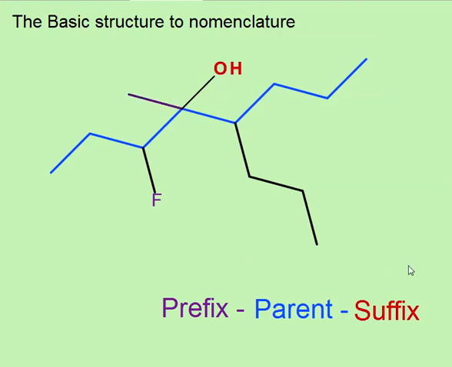The methyl group, which is branched off the next carbon, and then the propyl group, 1, 2, 3 carbons long, based on the next carbon again. And then we've got to locate these prefixes. The locant, which is numbering the main chain to tell us which carbon in the chain these branches are associated with.